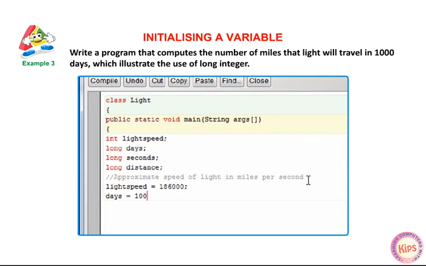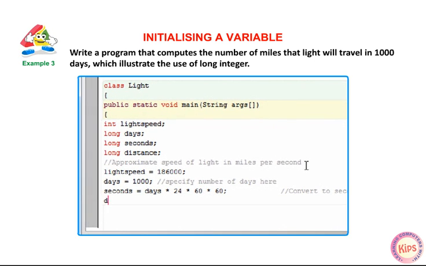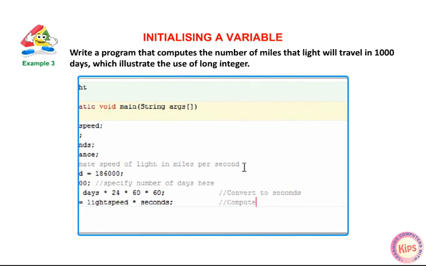days = 1000; // specify number of days here. seconds = days * 24 * 60 * 60; // convert to seconds. distance = lightspeed * seconds; // compute distance.